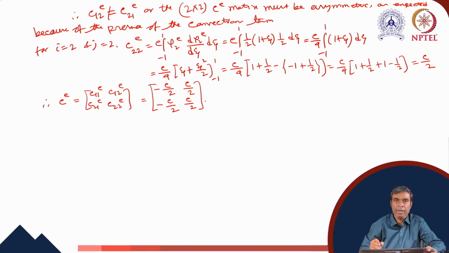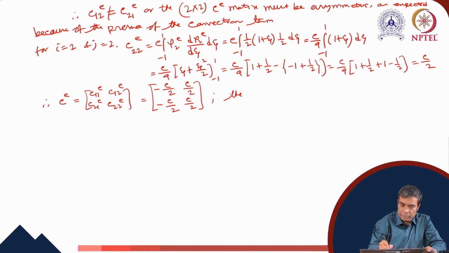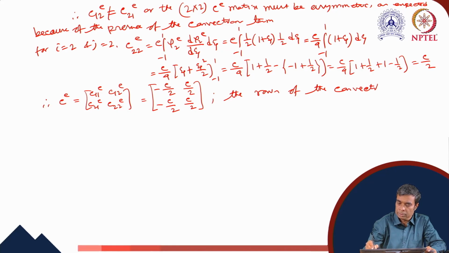So we see a very interesting result: for the element level convection matrix with the two noded bar elements, our rows are exactly identical. It means that this is a linearly dependent matrix. The rows of the convection matrix at element level are identical.